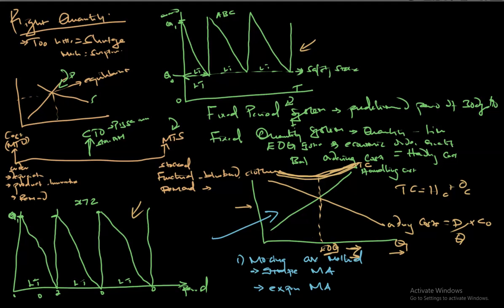For example, if you're looking at the data and you take the monthly average, so if we take month 1 plus month 2 plus month 3 plus month 4, then the average here becomes the most optimal next order quantity.